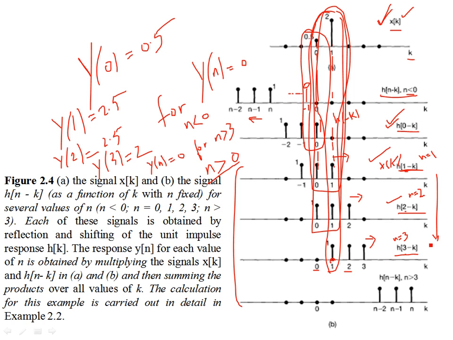We had this overlap up until n equal to 3. From 0 to 3, we have non-zero overlaps. Therefore, the multiplication and summation are possible, so the convolution sum exists for n equal to 0 to 3.